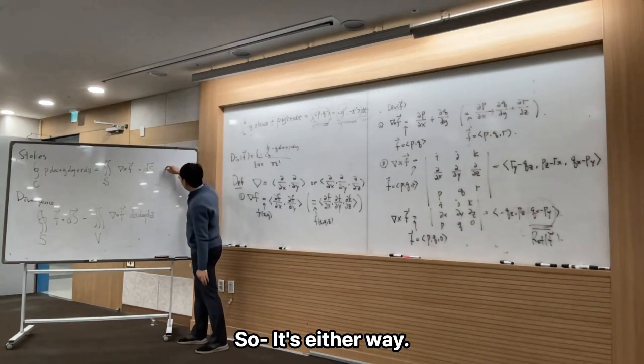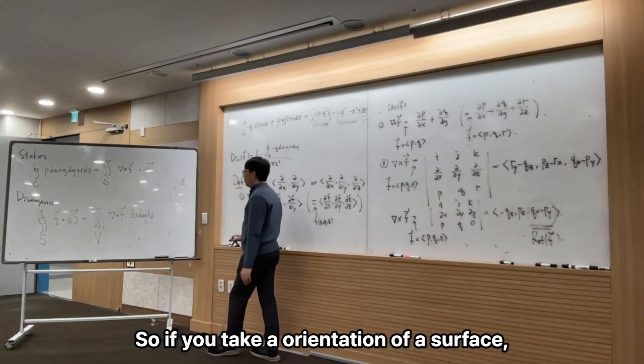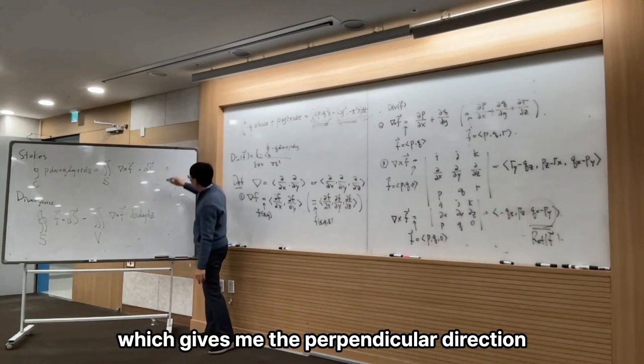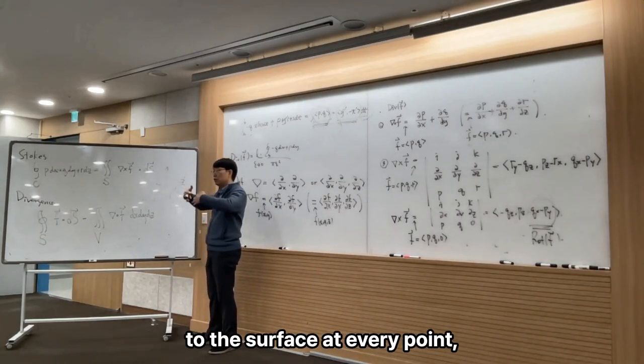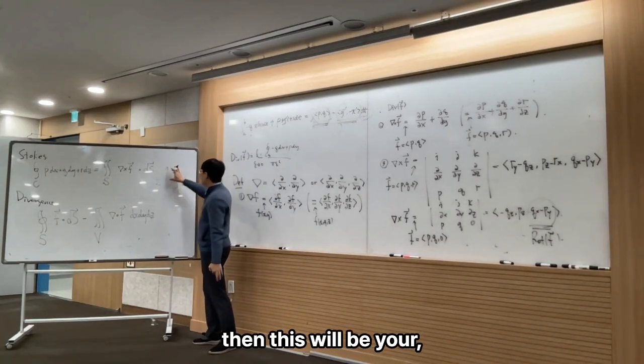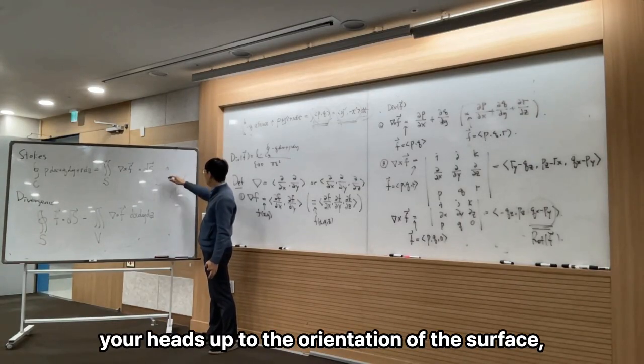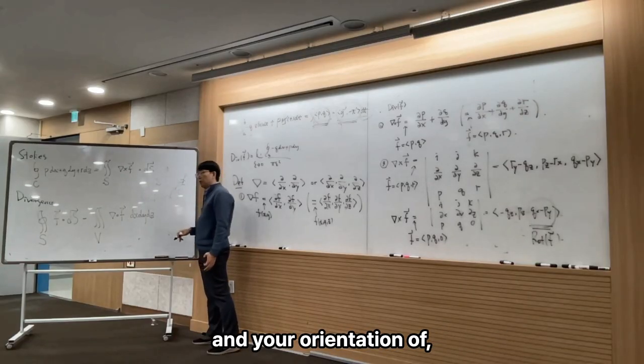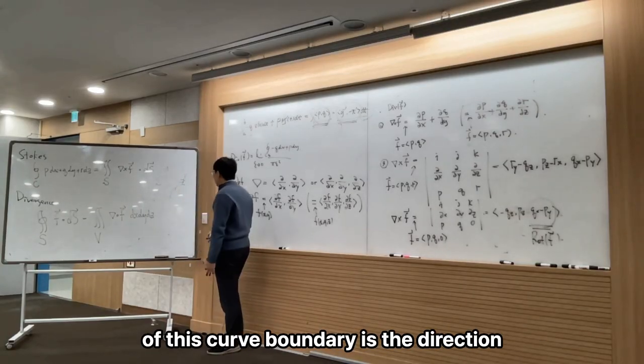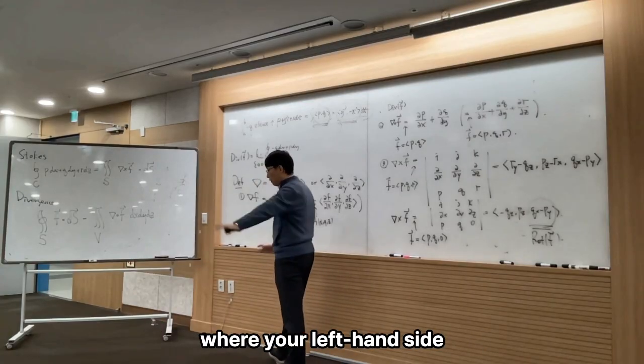It's either way. If you take an orientation of a surface, let's say this is my orientation, which gives me the perpendicular direction to the surface at every point, then this will be where your head is up. Your head is up in the orientation of the surface. And the orientation of the boundary curve is the direction in which the surface is on your left-hand side.